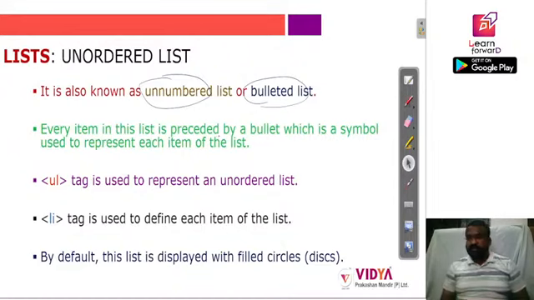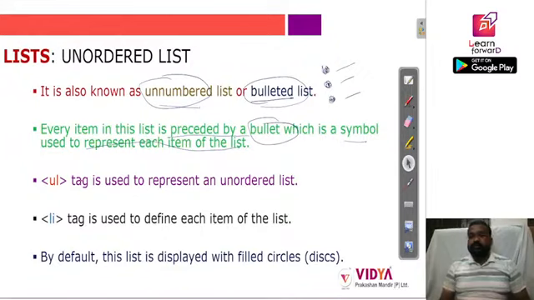Each item would be preceded by a bullet, which is a symbol used to represent each item of the list. That means now we would get something like this circle, which would be a filled one. This is the default format, and then there would be our item.